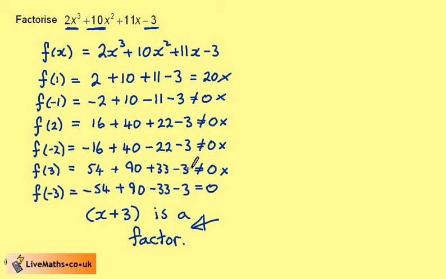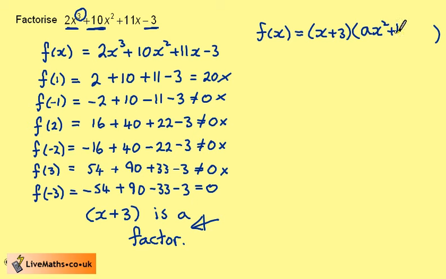An alternative approach when we reach this stage is to look for our factor using an identity. F of x is x plus 3, and we know that what goes into this bracket must be a quadratic since the original expression is a cubic. The highest term has to be an x cubed, so the first term in this bracket has to be an x squared to give us the x cubed.